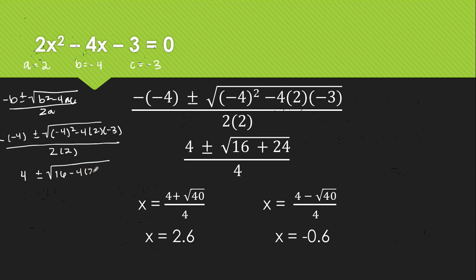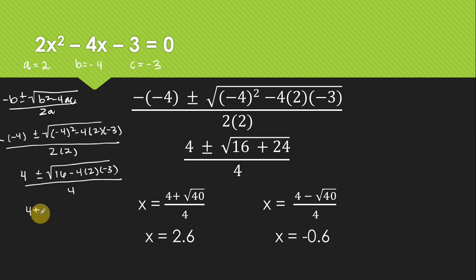Minus 4 times 2 times negative 3, all divided by, let's go ahead and do 2 times 2, which is 4. So negative 4 times 2 is negative 8. Negative 8 times negative 3 is positive 24.